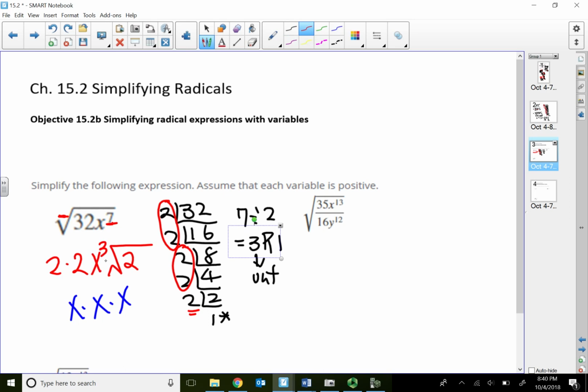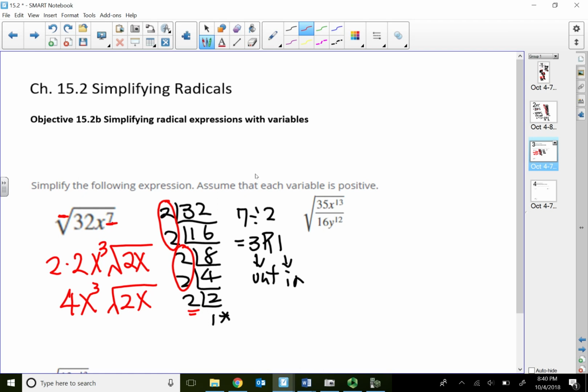And one of them stays in. The remainder tells you how many x's stay on the inside, which is one of them. That's my answer: 4x to the third times the square root of 2x. That's how we simplify this.